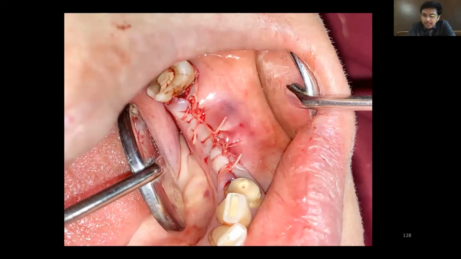Now, in this case, a membrane was not used. This is again one thing which I would like to emphasize. Membrane placement is not a must. In case you feel that the bone graft will be retained sufficiently by the socket itself, no need to place a membrane. By membrane placement, you'll be enlarging the wound size, making it more difficult to approximate. This area is the area of the mental foramen.